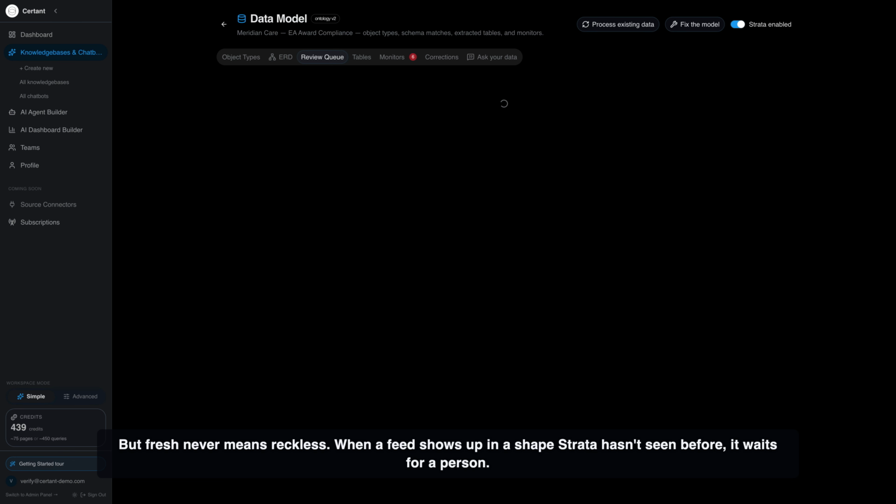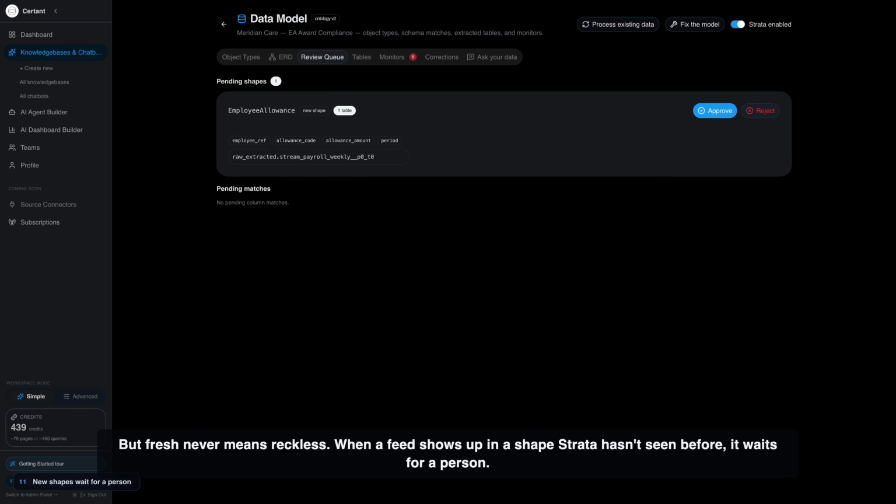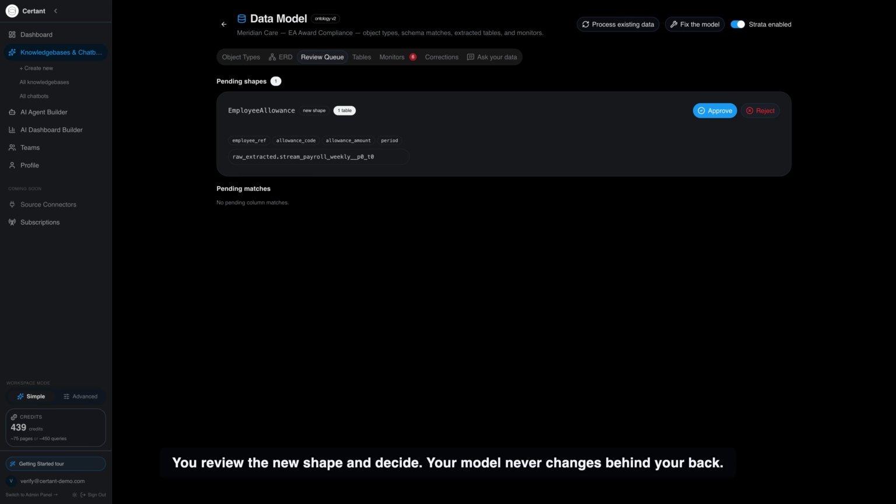But fresh never means reckless. When a feed shows up in a shape Strata hasn't seen before, it waits for a person. You review the new shape and decide. Your model never changes behind your back.